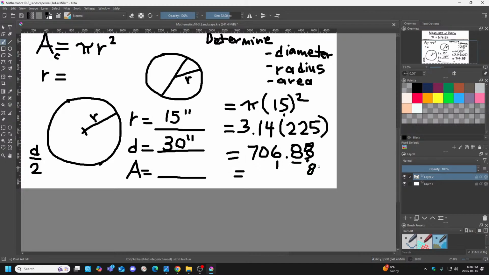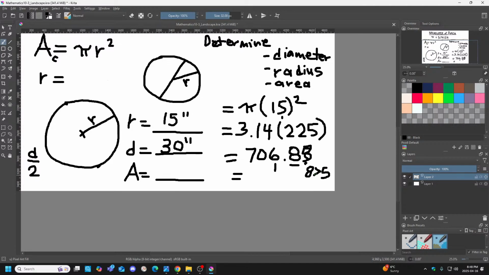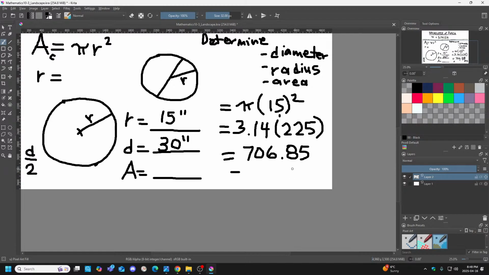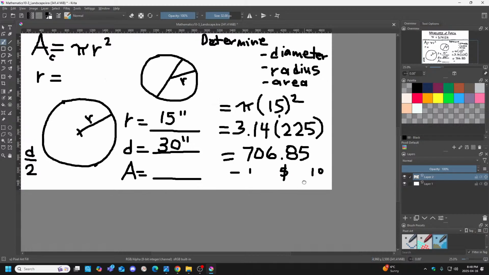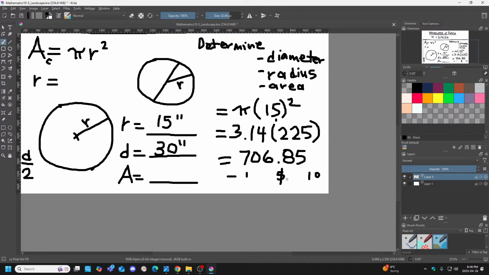Sorry, my bad, I had to catch myself. 8 is greater than 5, because 5 is the middle value, right? You go 1 all the way to 10, 5 is technically in the middle. So the rule of thumb is if it's 5, then you round up.